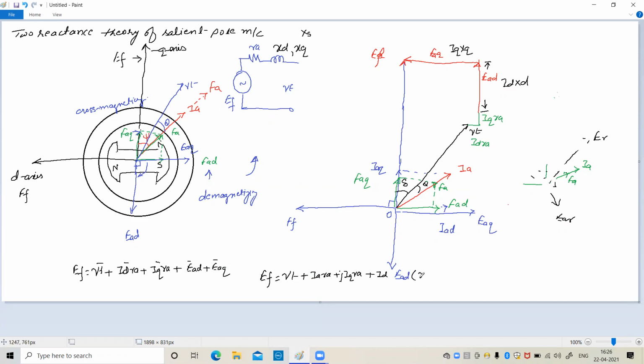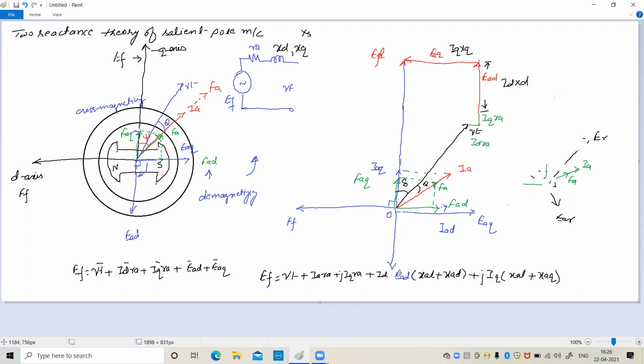One is the leakage reactance XAL, which is common, plus XAD, the armature reaction reactance along the direct axis, plus J IQ times XAL plus XAQ.